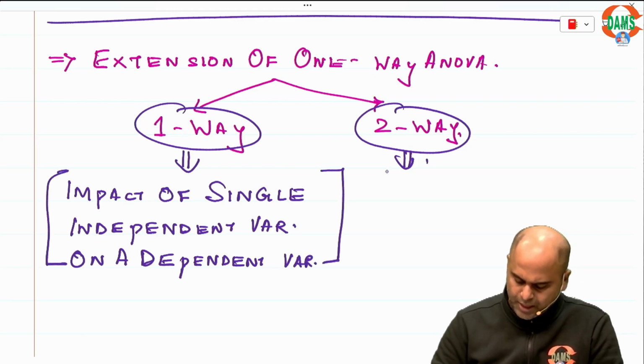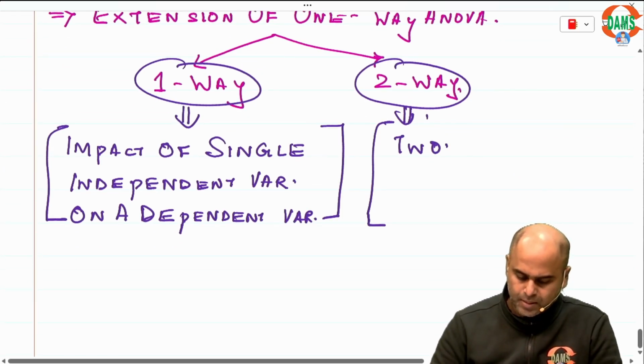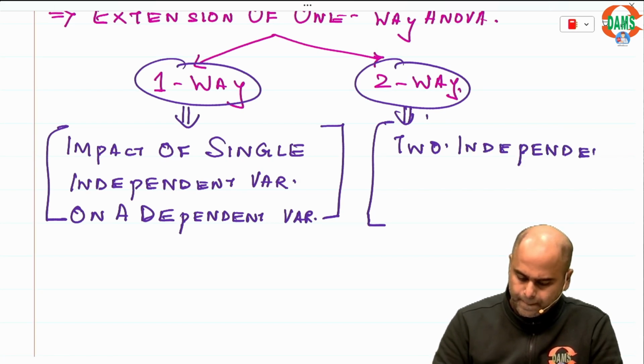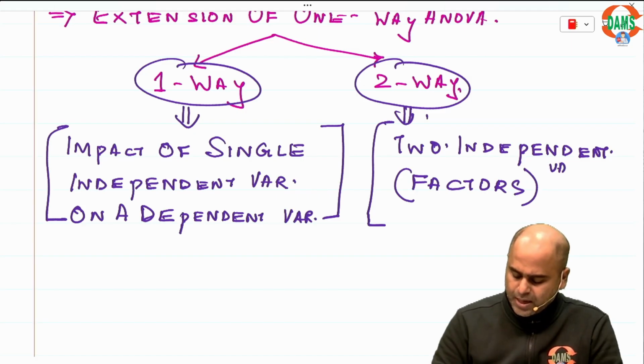Whereas in a two-way, we look into the impact of two independent variables, and these independent variables are labeled as factors.